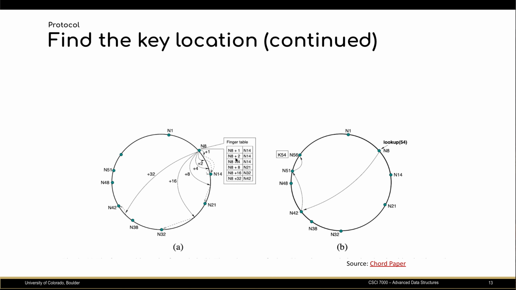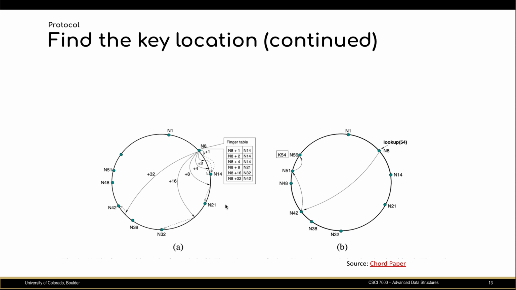The next entry is 8 + 2, which is 10. The node which is greater than 10 and immediately follows in a clockwise direction on the circle is node 14. So it means node 14 stores keys from 8 to 14, right? All the keys that get mapped between 8 and 14 get mapped to node 14. And so on. So this gap increases exponentially. After node 14, the next nodes are node 21, node 32 and node 42, right?